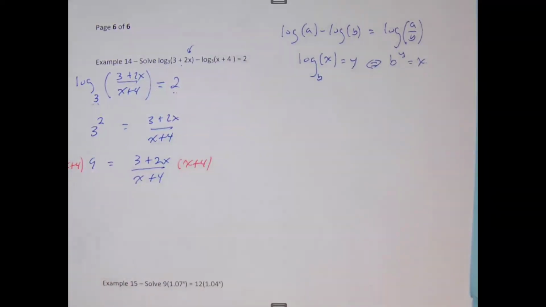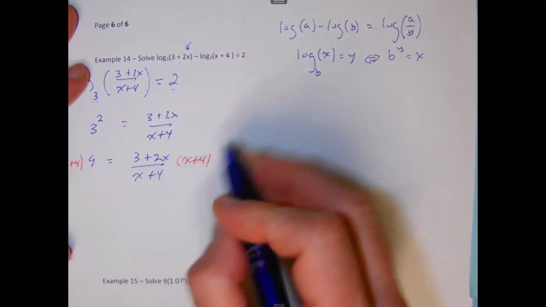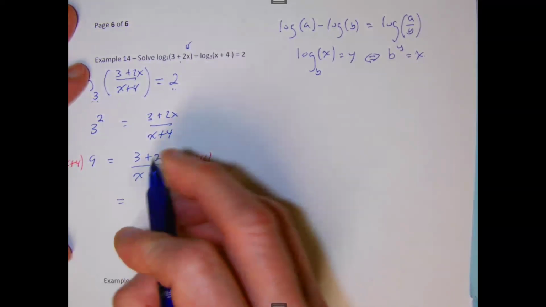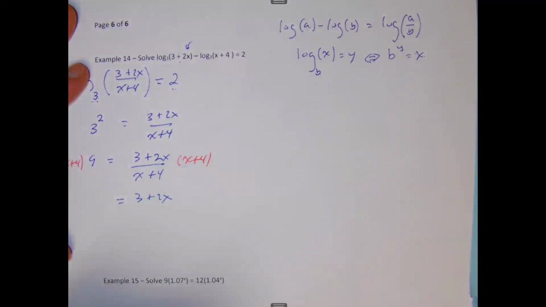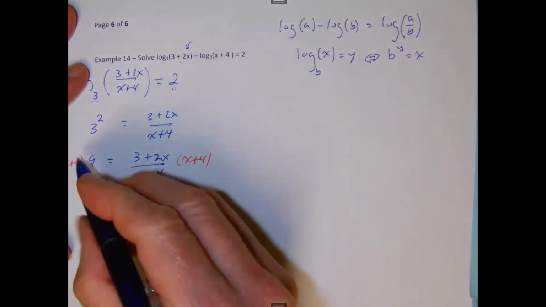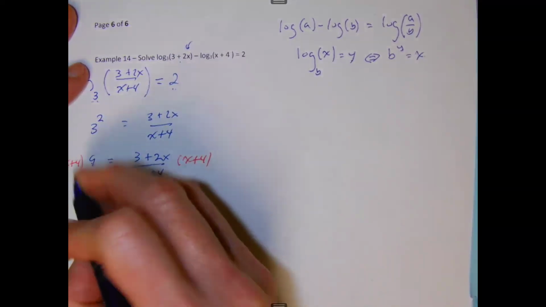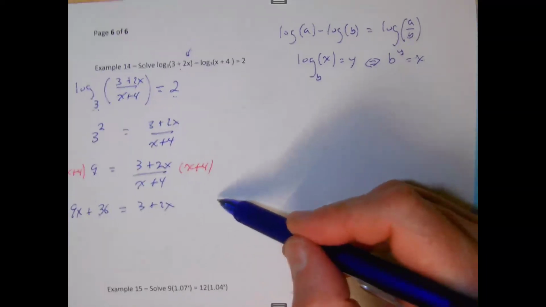Here, these two cancel, since x plus 4 over x plus 4 is a 1. So 1 times anything is the object we're multiplying by 1, and it's 3 plus 2x. Here I'm going to distribute, I get 36, and 9 times x is 9x. And now I went from a rational back to a linear.